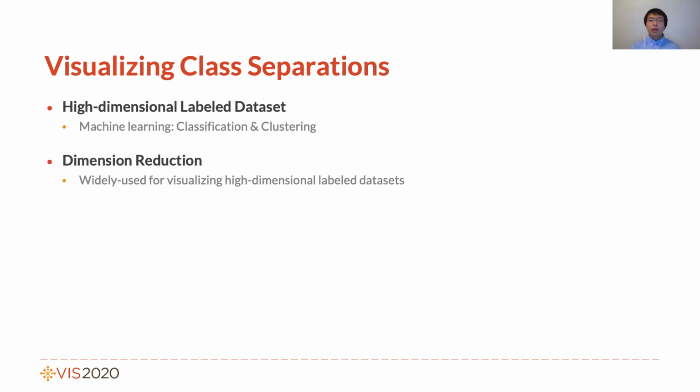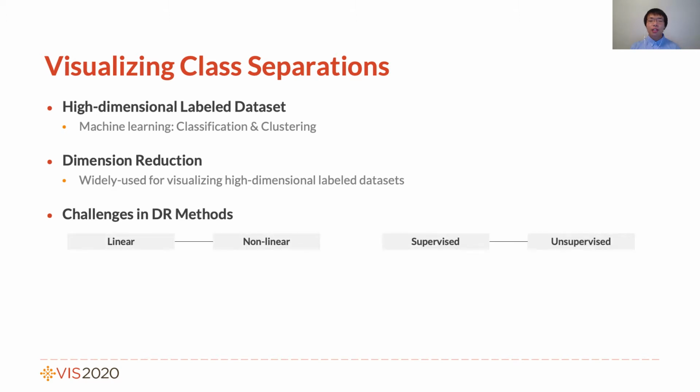To visualize high-dimensional patterns with labels, dimension reduction is an essential approach used to preserve the intrinsic structures in the data while providing a low-dimensional representation. Two properties are typically considered when applying an algorithm to visualize labeled data instances: linearity and capability of supervision.